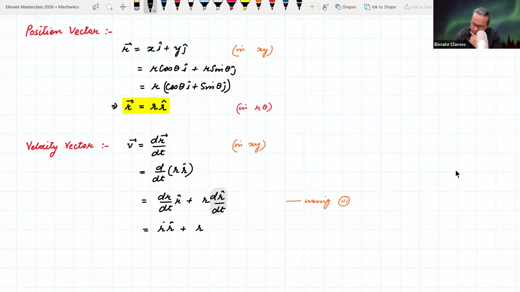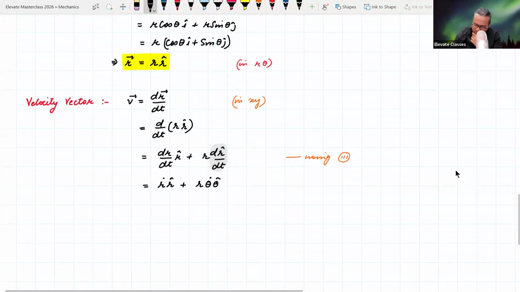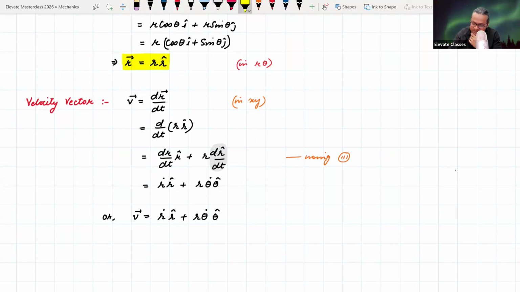So r theta dot theta cap. Therefore, the velocity vector in polar coordinates is given by r dot r cap plus r theta dot theta cap. This is a very important expression.